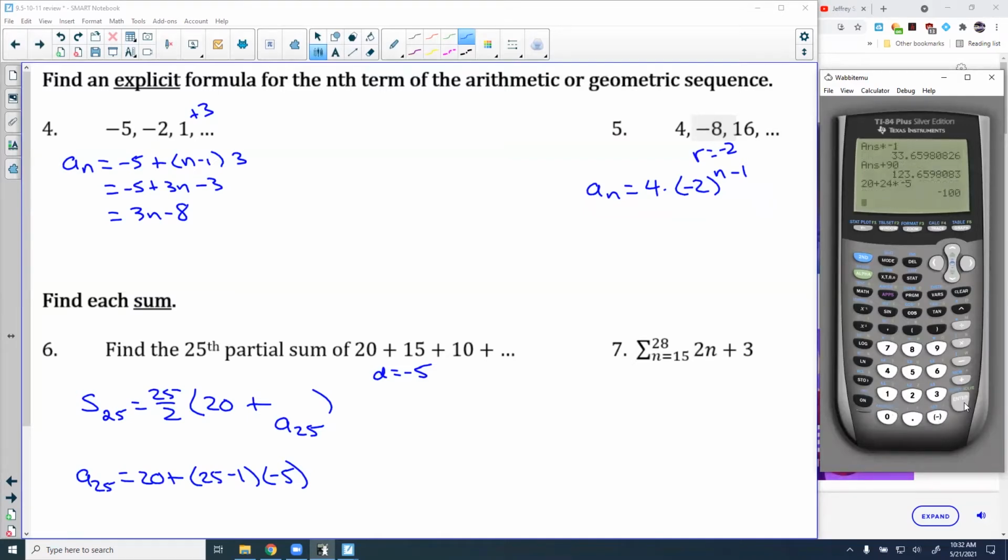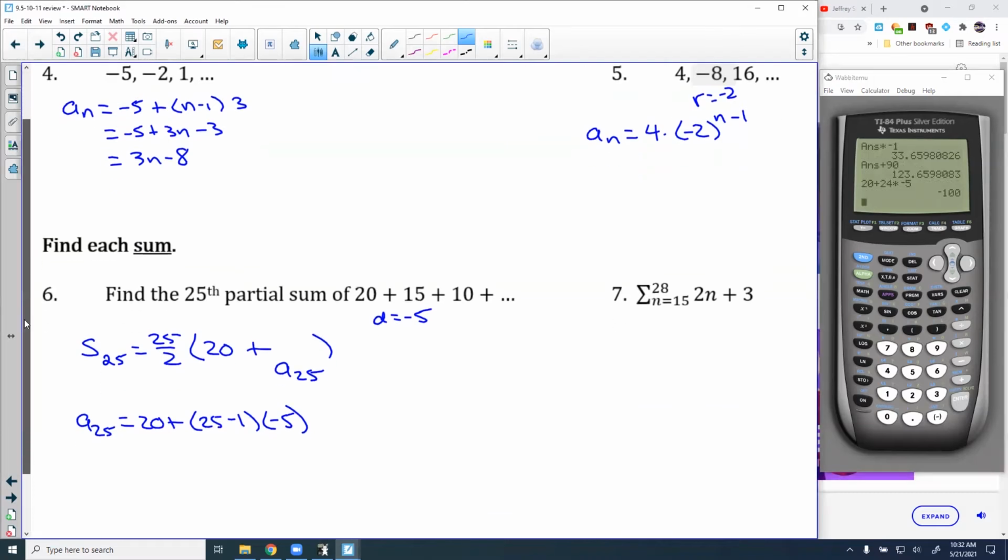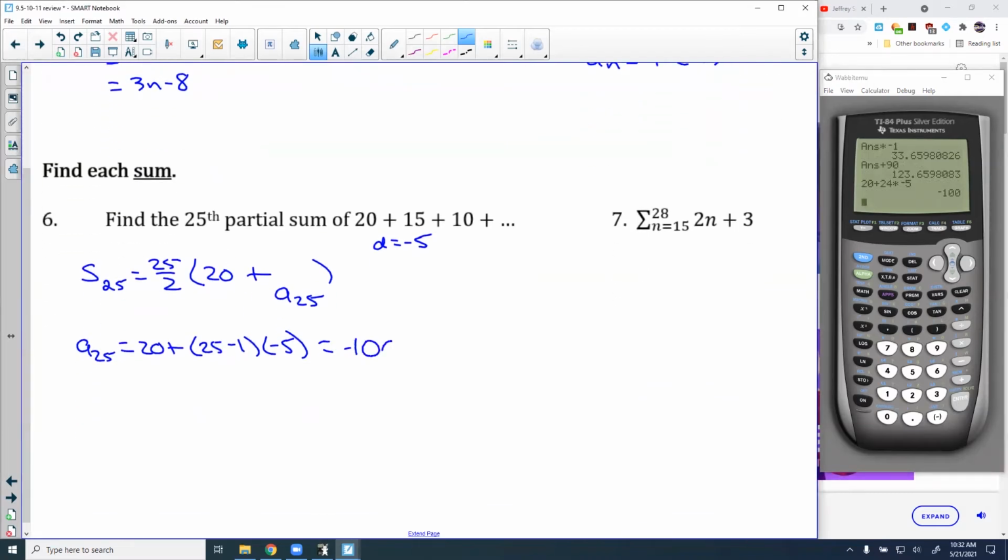So the 25th term is -100. So that goes there. Well, now we have 25 divided by 2 times, well, it's going to be -80. So -1000.